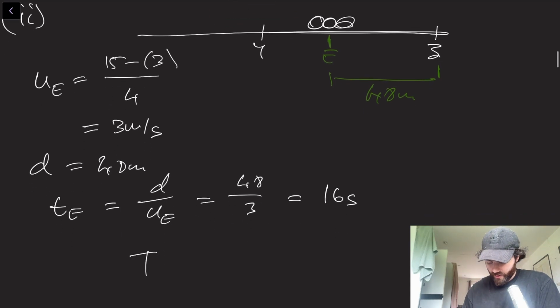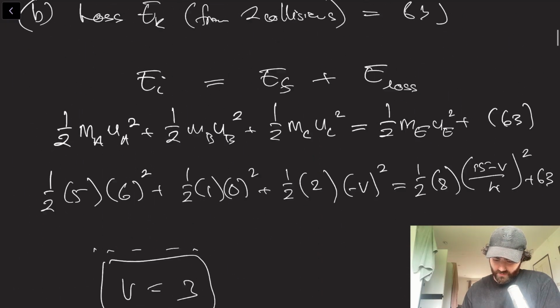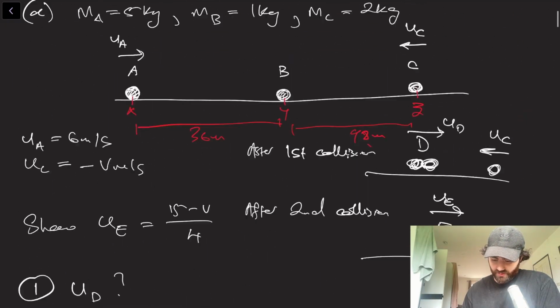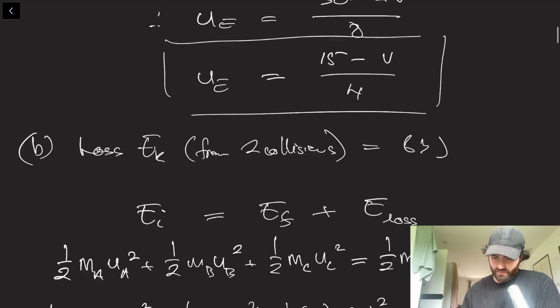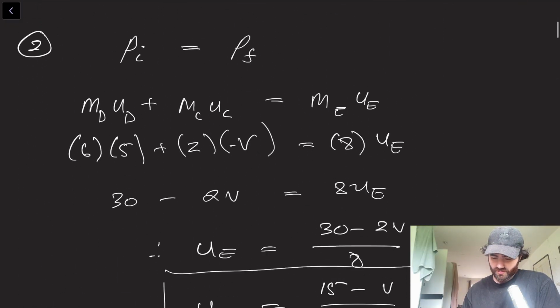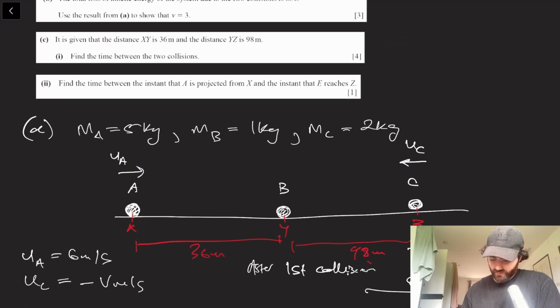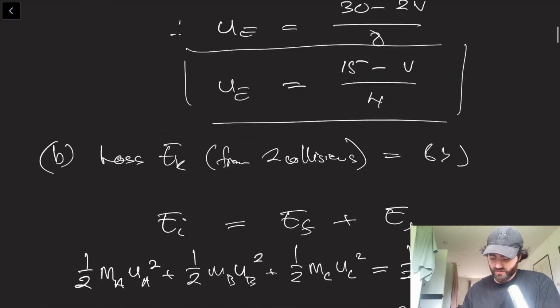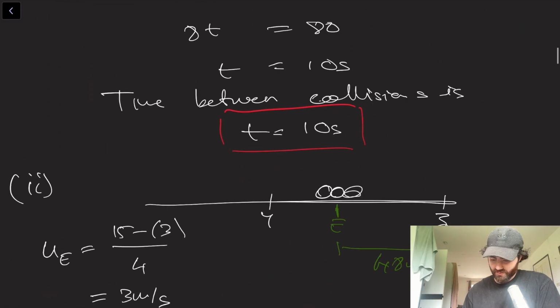So the total time, we should have all of it here. So we want the time to get to the first collision. We know the time between collisions. We found that, which was 10 seconds.